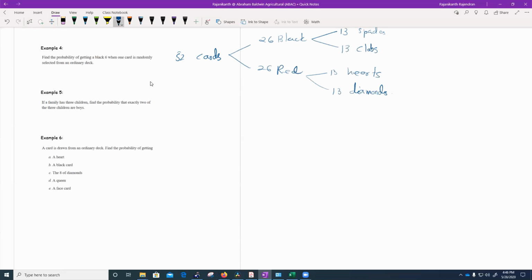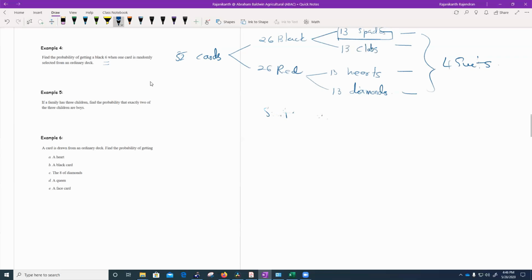In this case, you are drawing only a single card, but you need to get number 6. Remember, there are 4 suits in total. For each suit, you will have 13 cards.